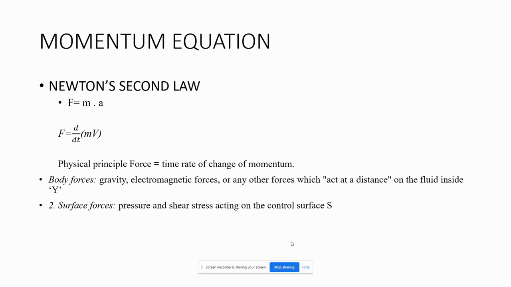An example of surface force is pressure and shear stresses acting on the control surface. Yes, pressure: if some amount of air is present on the surface above or below some control volume surface, it exerts some pressure on the control surface.